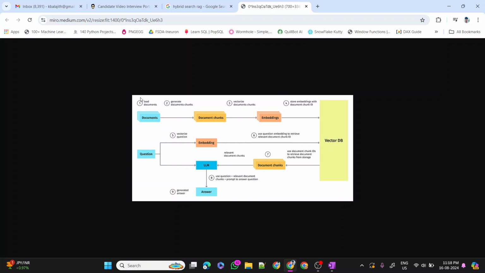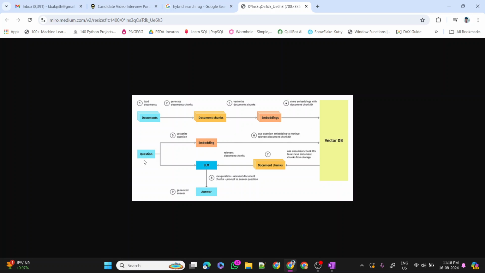First, a document is loaded and converted into chunks, and then these chunks are vectorized by using some embedding technique, and the embedded chunks are stored in the vector DB.